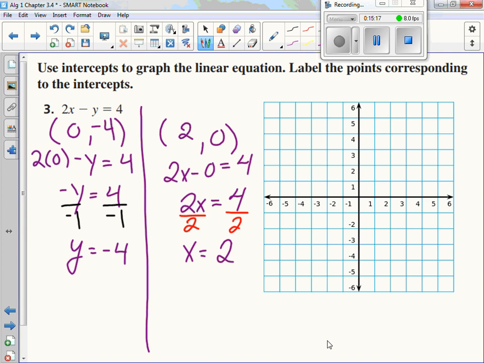So if I plot these points, we have 0 on the x and go down 4. So 0, -4. And on the x-axis, we have 2, 0. Those are our 2 points. Any questions on how we got those 2 points?